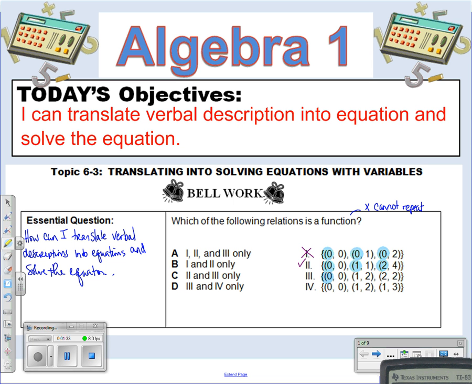In 3, x is 0, x is 1, x is 2. They're all different, therefore it is a function. And the last one, number 4, x is 0, x is 1, x is 1. We do have one that is repeating, and so it cannot be a function. So our answer needs to be the one that has only 2 and 3, and that answer choice is C.